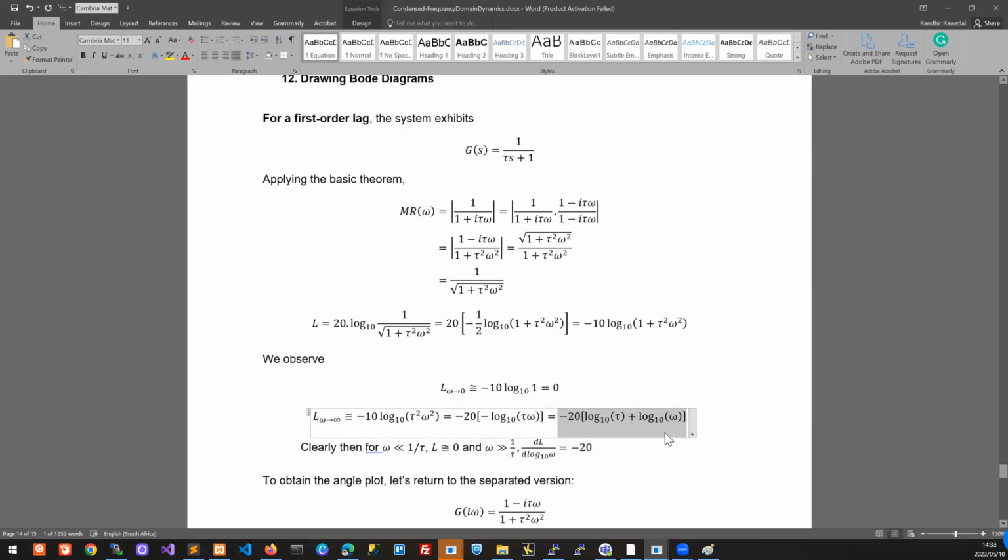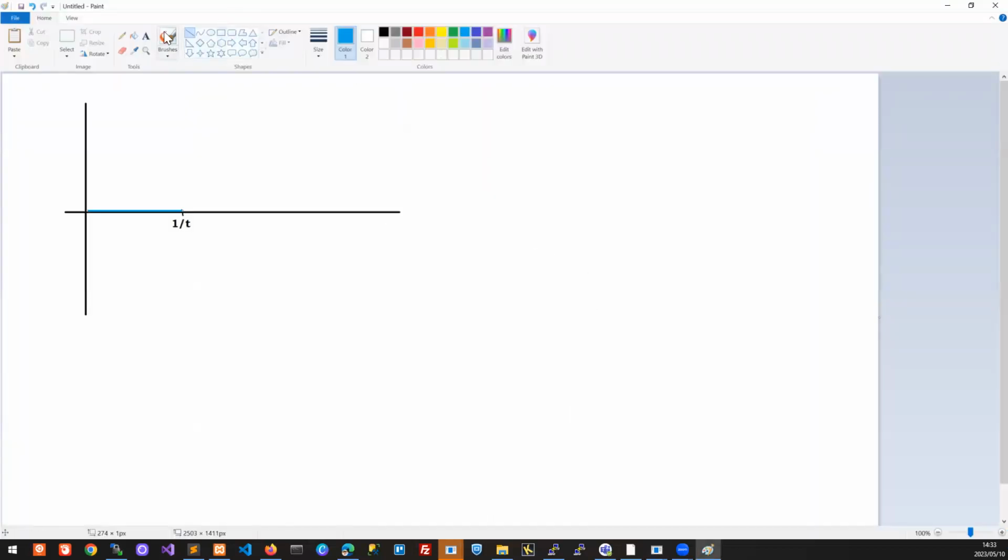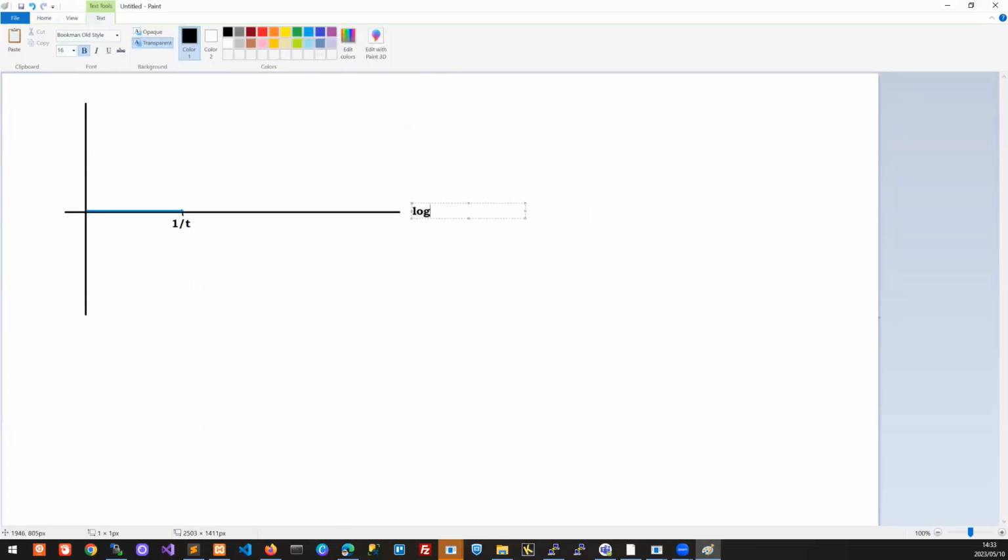Remember that the x-axis has log 10 omega. So the axis here is log 10 omega. So this axis is log, and it's sub 10, and I'm just going to write it as a W here.